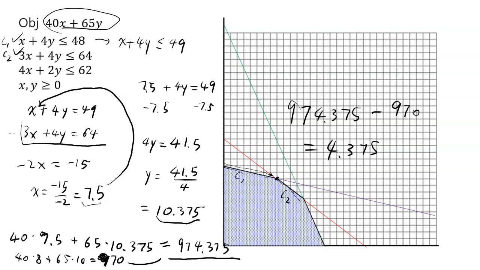If it's more than 4.375, then by getting that more ingredient, you'll actually have a reduction in the actual profit because you're going to be losing money. Okay, so that's the real meaning of the shadow price. So the shadow price tells you how much you should be willing to pay additionally for that new ingredient.